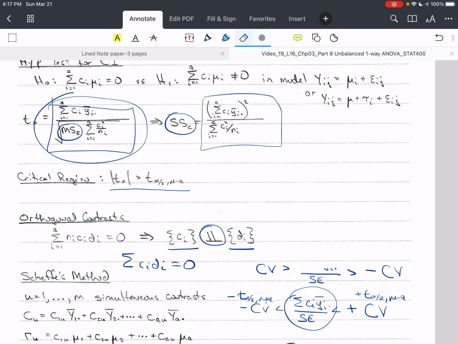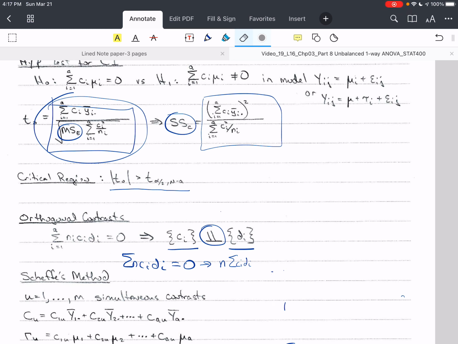So now that we don't have equal sample sizes, before we had n here, and of course this became n times the sum of ci di, which was equal to 0, and that is only true if the sum of ci di was equal to 0, because n could never be equal to 0. But now we have to add the n sub i back in because we don't have equal sample sizes.